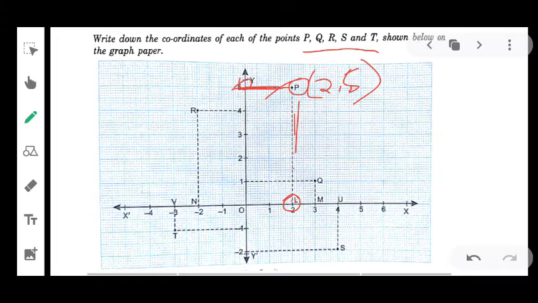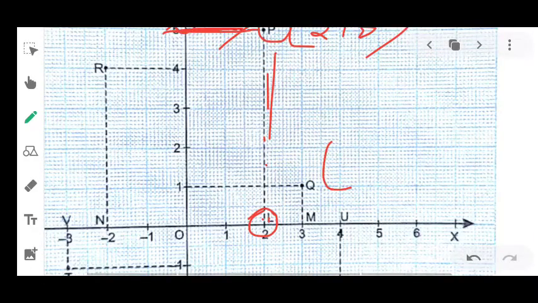Then find the coordinate of Q. For the coordinate of Q, draw a line perpendicular to the x-axis. This line intersects the x-axis at 3. So the x coordinate of this point is 3, then the y coordinate is 1.